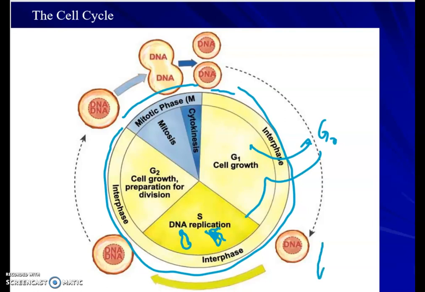So one sister chromatid chromosome looks like this, and then we're going into these kind of chromosomes. They look like this. And once that has been accomplished, then we're going into G2, which is another growth stage. And once that's happened, then the cell's undergoing mitosis.